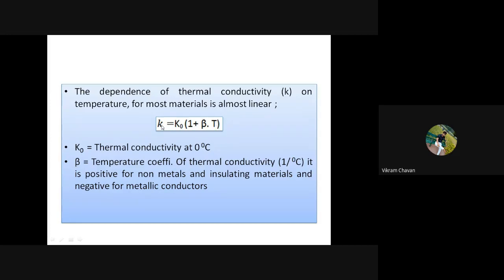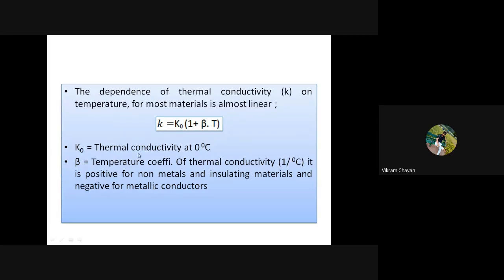If you want to find the thermal conductivity of any specific material at 25 degrees Celsius, we can find it on the basis of K naught and beta, and this T is 25 degrees Celsius.